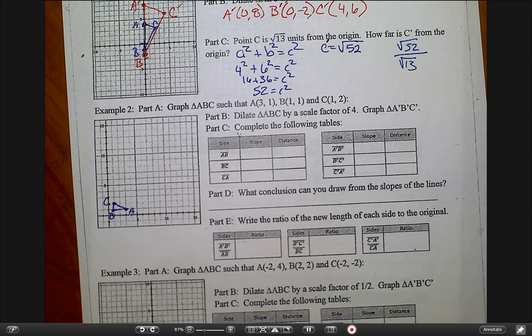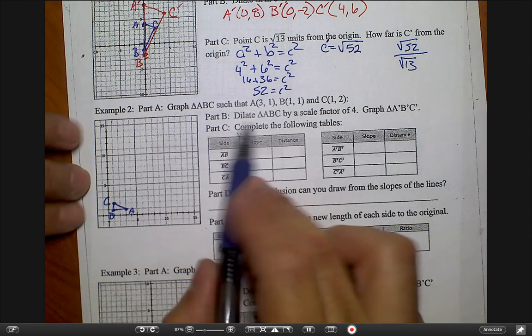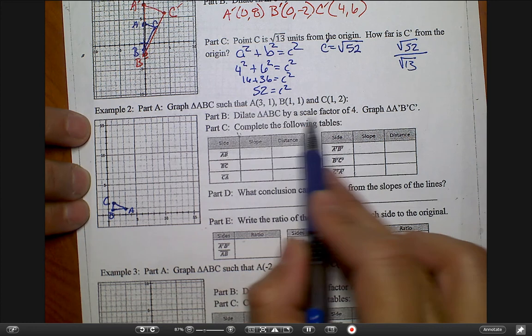Alright, you guys ready to do this? Hope so. Alright, it says part B said dilate this by a scale factor of 4.